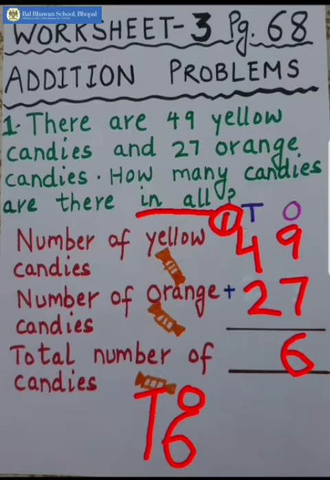Now you have to add the digits given at tens place. So the digits are 4, 2 and 1. The bigger number is, yes, 4. So count 2 times after 4. Yes, 5 and 6.